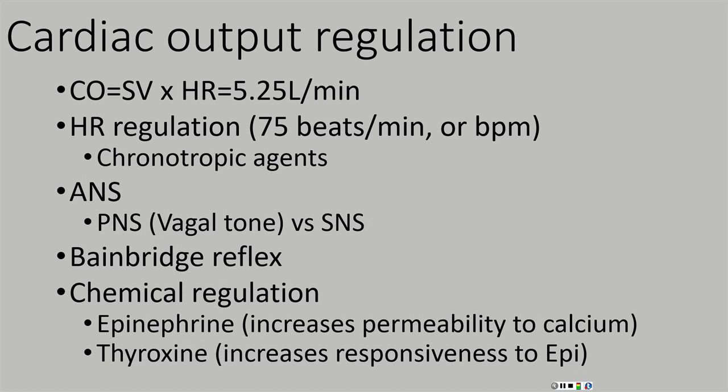The sympathetic nervous system can increase the activity of the SA node. So the parasympathetic nervous system slows down the heart. The sympathetic nervous system speeds up the heart. PNS is a negative chronotropic agent. SNS is a positive chronotropic agent.